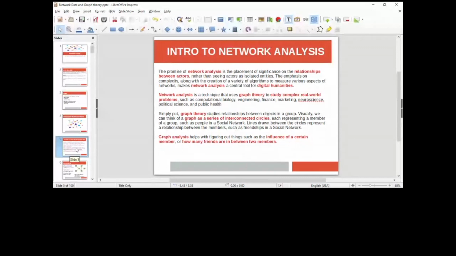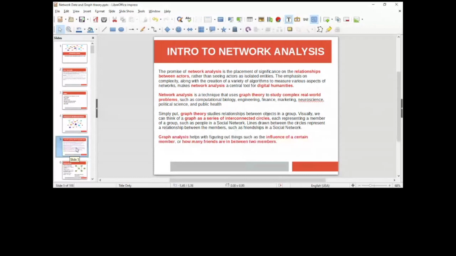Lines drawn between the circles represent a relationship between members, such as friendships in a social network. So now you get an idea what network data is all about. Graph analysis, or network data analysis, helps in figuring out things such as the influence of a certain member, or how many friends are in between two members, something like that.